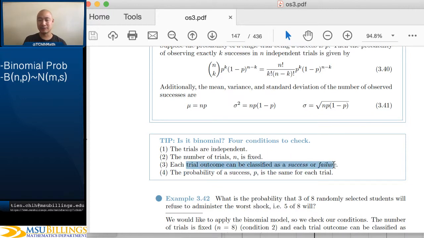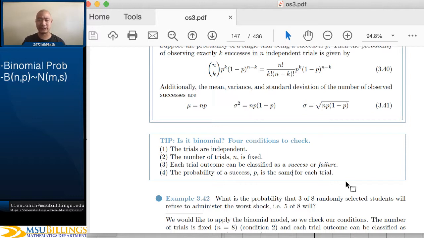The trial outcomes can be classified as success or failure, right? You get heads, you make a basket, you get a vote, whatever it is you want to call that. And the probability is the same for each trial. And so this might make the basket analogy a little bit not exactly accurate, especially if you're going to shoot 500 shots.